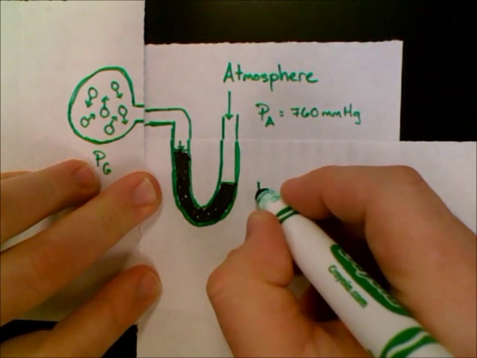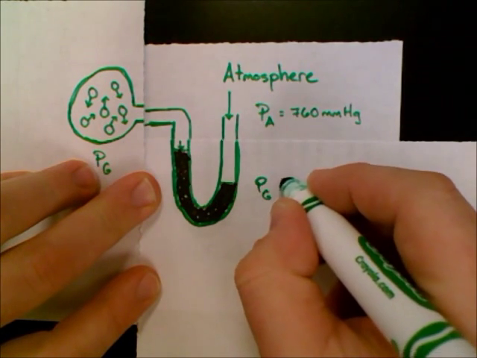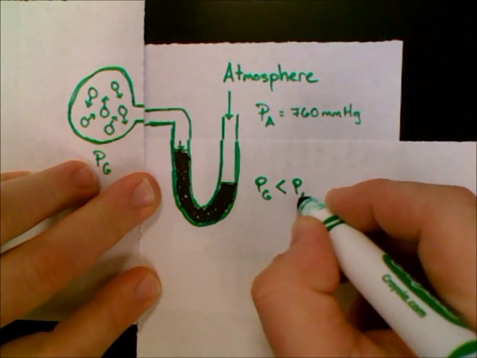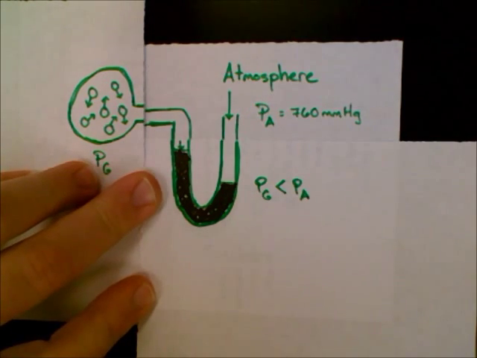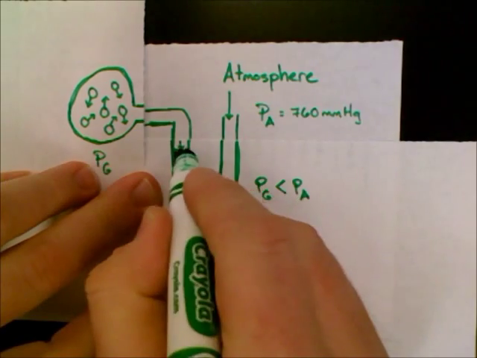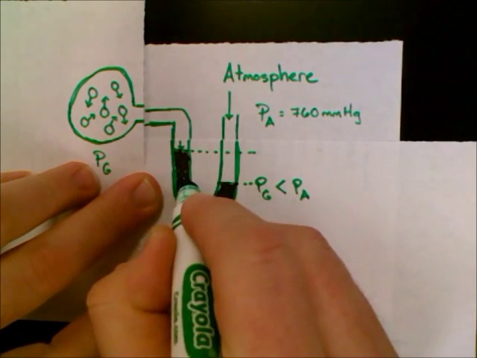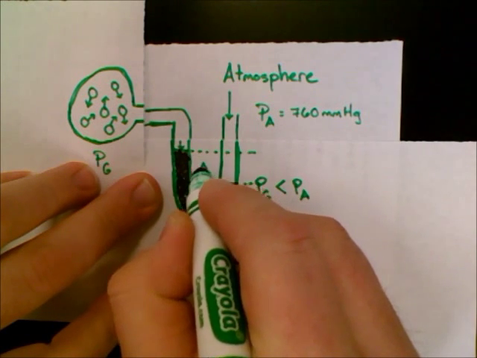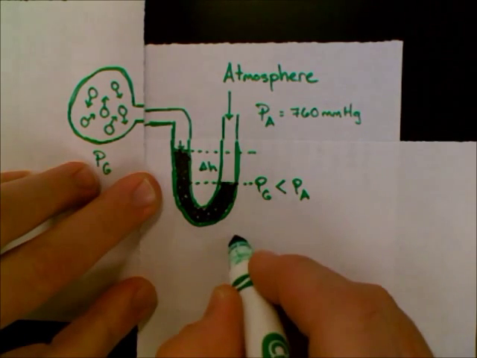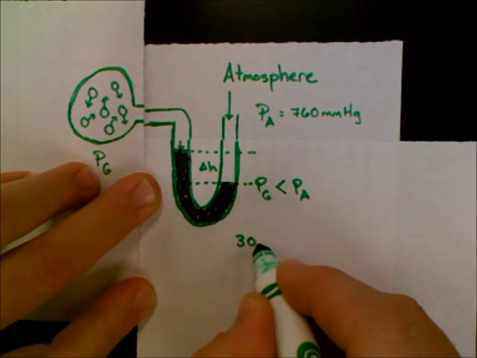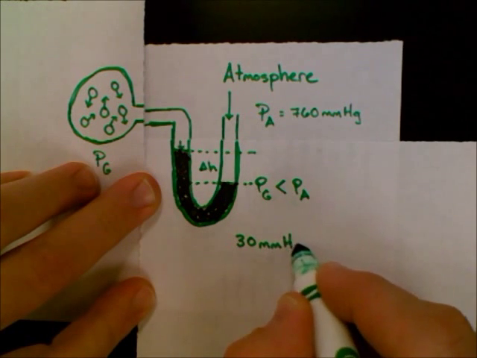That tells me that the pressure of the gas is less than the pressure of the atmosphere in this case. Again, we could measure the height difference here, delta H. And let's say again that we figure out that the difference is 30 millimeters of mercury.